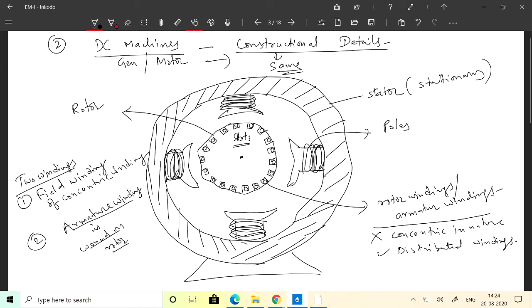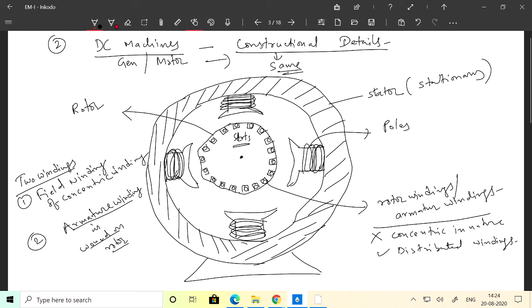I hope you have understood the elements of this DC machine. You have two windings, one is field winding and another one is armature winding, which are the main elements which are going to play in the DC machines.